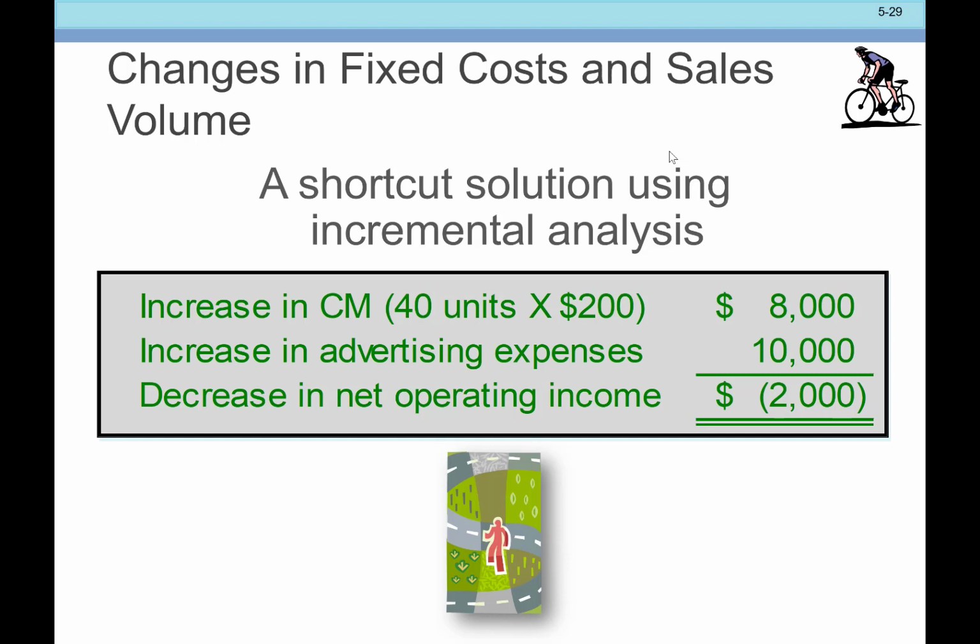That's going to generate 8,000 more contribution margin. But if my fixed costs go up by 10, I'm losing what? 2, right? So some items you can do like this, quick and dirty, without having to prepare the full contribution income statement format.